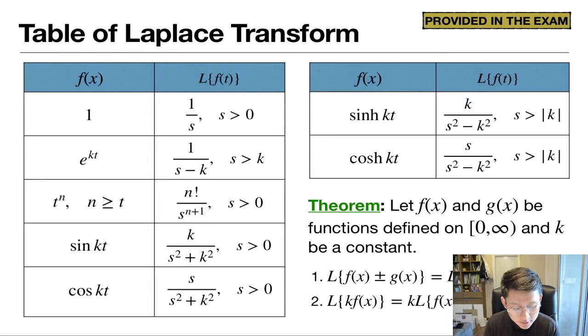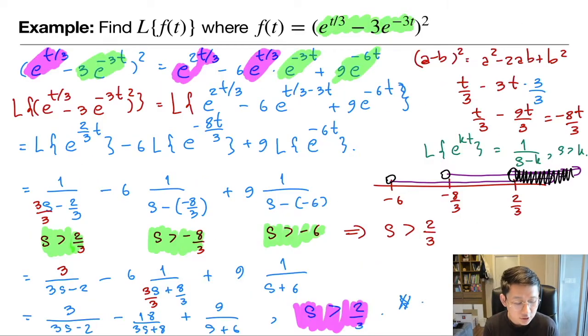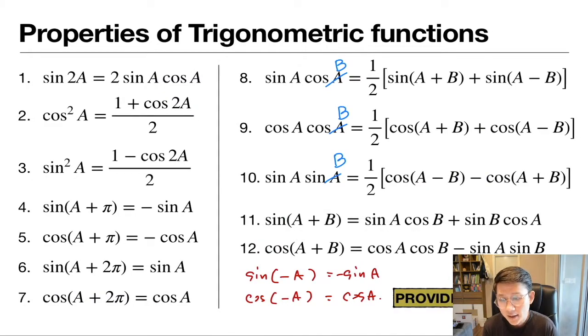Okay, and then we applied the formula to many functions, like for example that function, and many others. And after that, I did some brush up on the properties of trigonometric functions. So basically, you need to know some trig functions so that you can apply the formula.